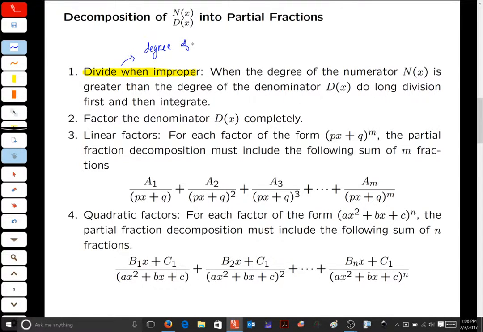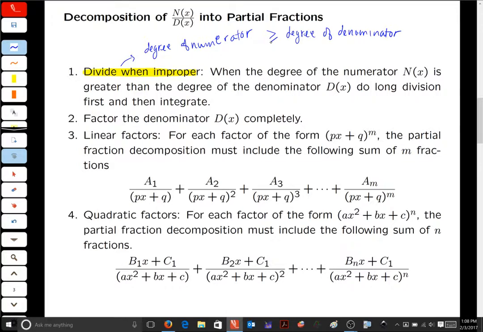The degree of the numerator is higher than the degree of the denominator. And in fact, I'm going to say greater than or equal to. If it's equal to, you still want to break it up.